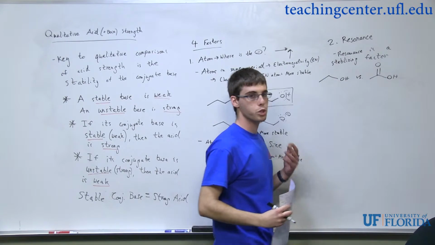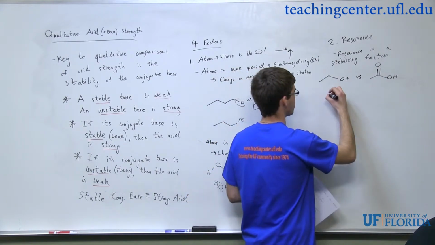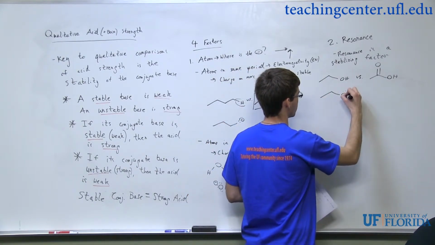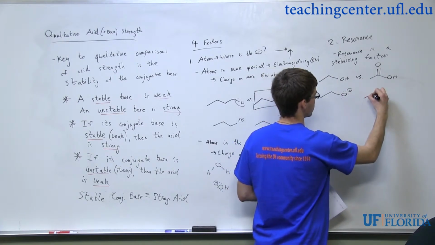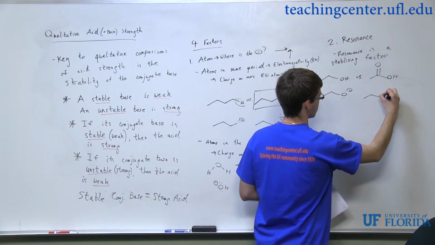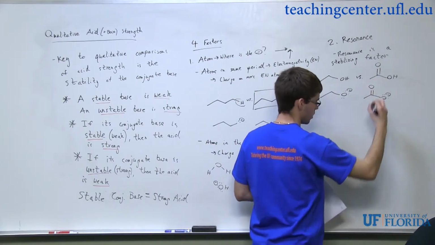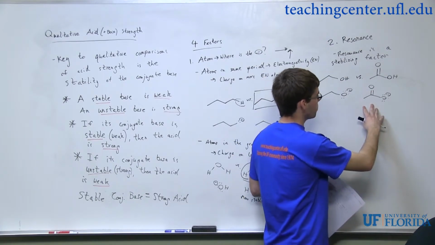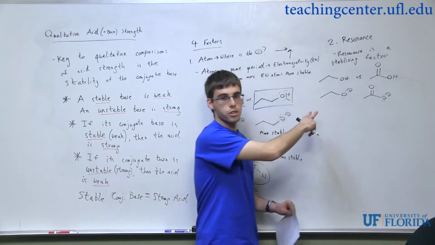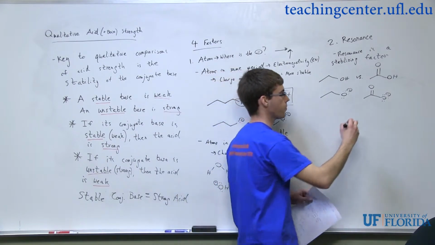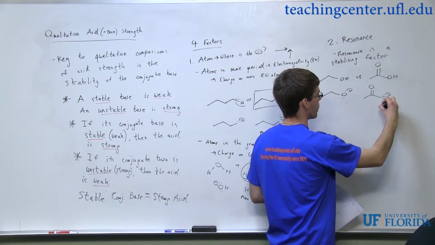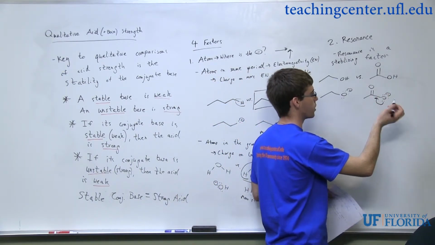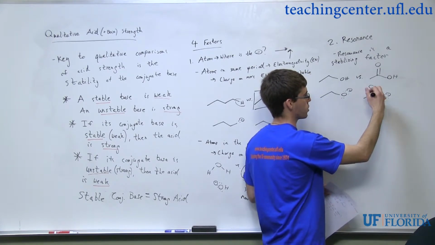So as always, start by deprotonating. Well, does this have any resonance? No. Here we do. We have an allylic negative charge. We have this negative charge in the allylic position.